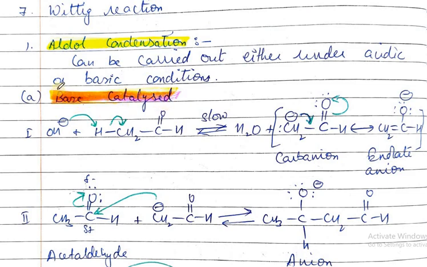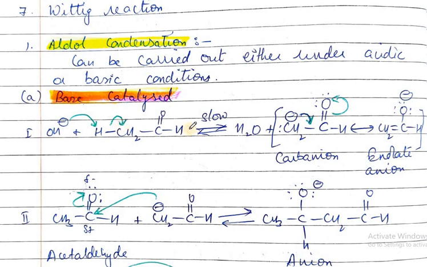In this, as it is base catalyzed, the base is OH negative. OH negative first abstracts hydrogen from the alpha carbon of the aldehyde. So this will give water, and the remaining electrons will move to carbon.